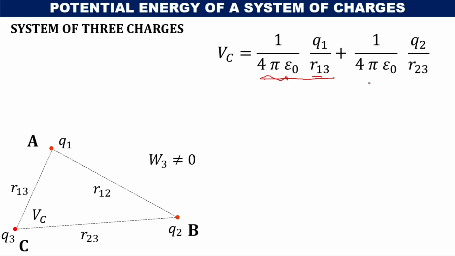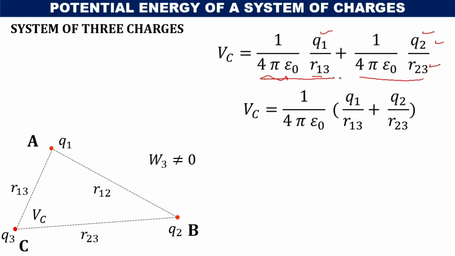Similarly, the potential at the same point C due to Q2 is written as proportionality constant 1 by 4 pi epsilon naught into source charge Q2 divided by the distance of the point C from the source charge, R23. Taking the proportionality constant outside, we can write the expression this way.